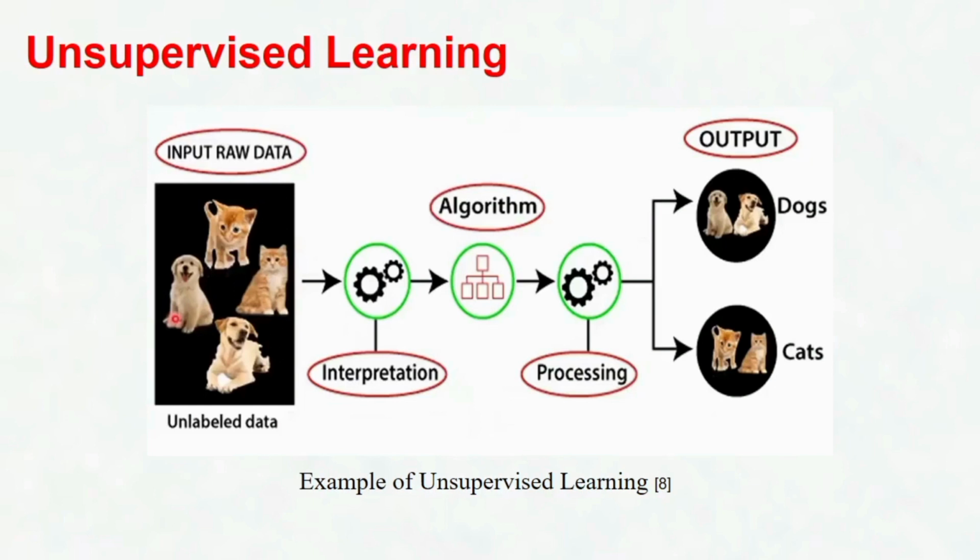Here, without any label, this data is given to the algorithm, and the algorithm will group all the animals which are similar in character or pattern or feature as one class. So all the cats will be grouped into one class and all the dogs will be grouped into another class. So the output after processing will be two classes, one class of similar animals, another class of similar animals, which can be later labeled as dogs and cats.